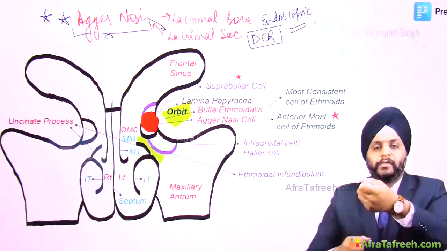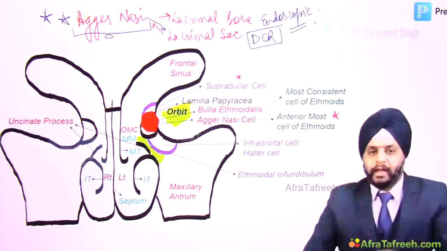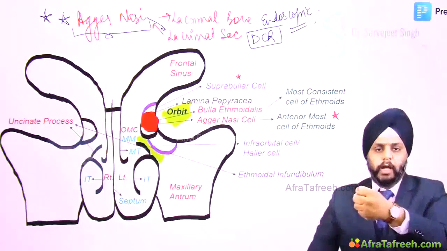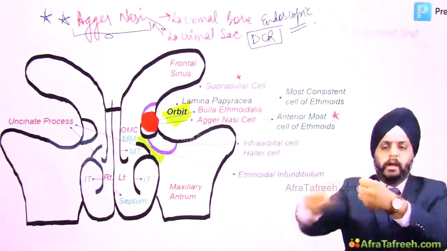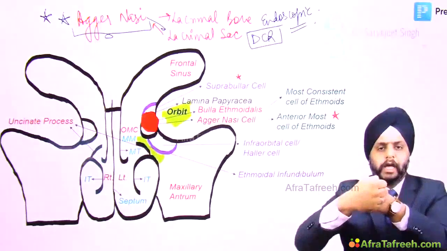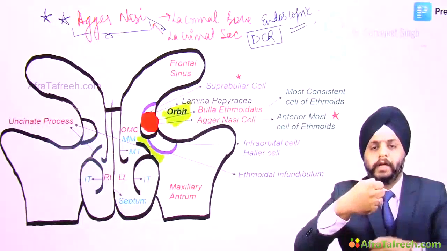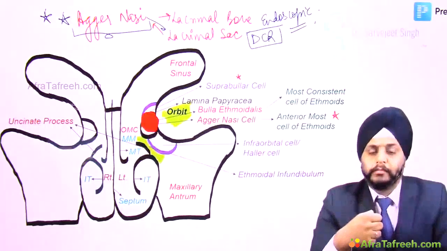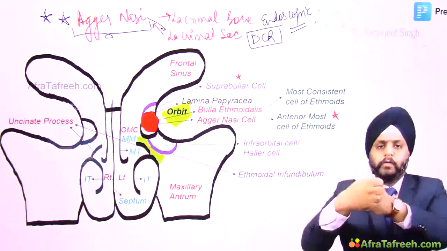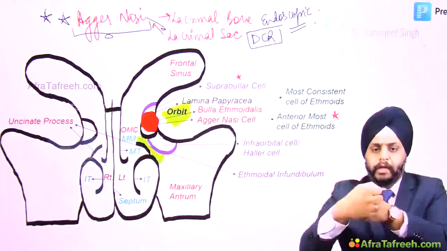That cell is known as agar nasi cell. So remember bulla, suprabullar, infraorbital, and anterior to bulla, we have the agar nasi cell. This is the anterior most cell of ethmoids.